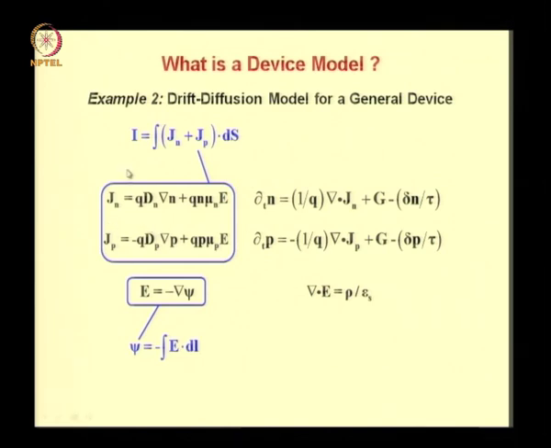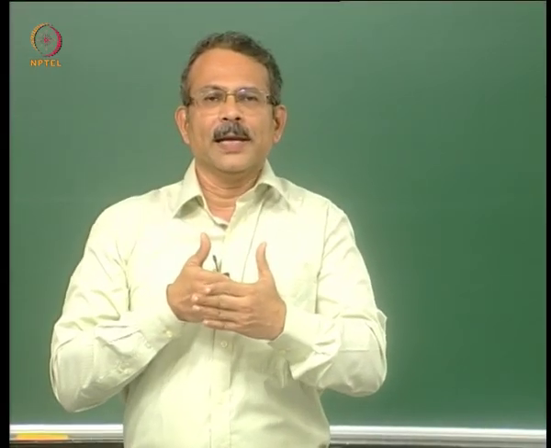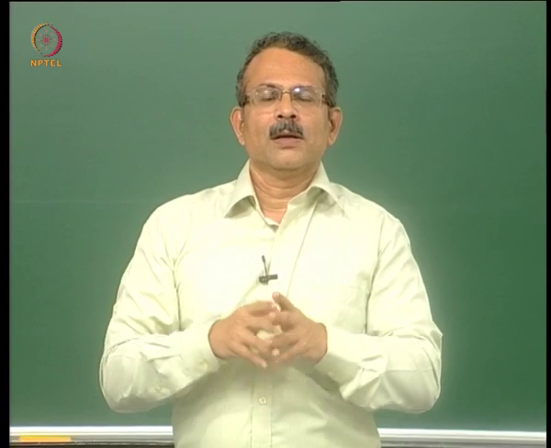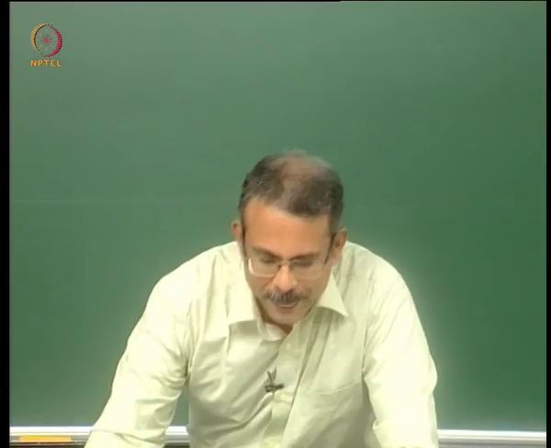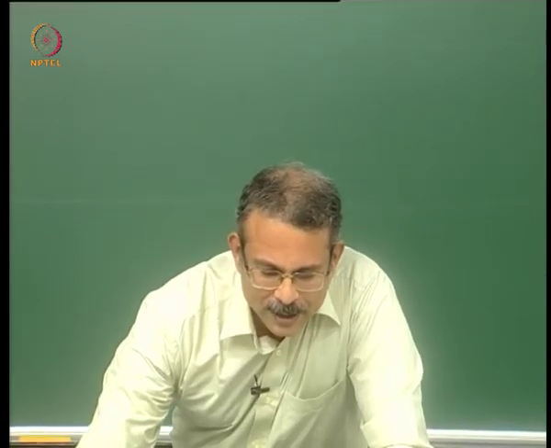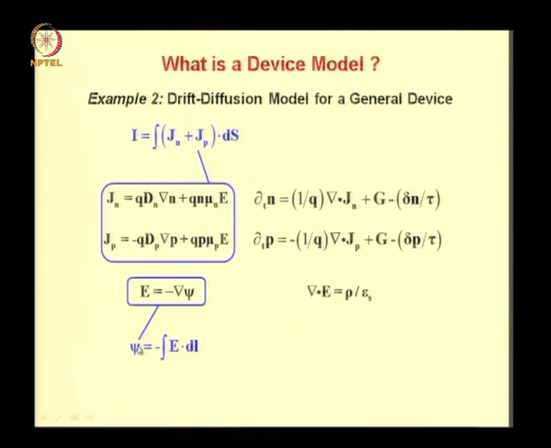Now how do you get the current? The current is obtained by integrating Jn plus Jp over the contact area, which is ds. There is a dot product here because you must consider the current flow perpendicular to the contact area to find out the total current from the current density. Similarly, the potential applied across the 2 terminals can be calculated using this formula, negative of the integral of E dot dl.